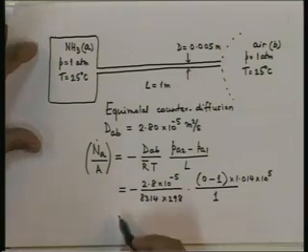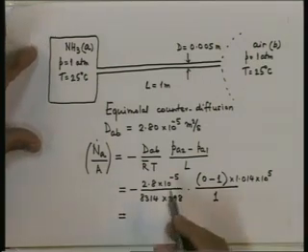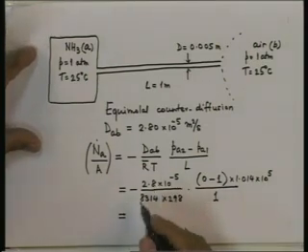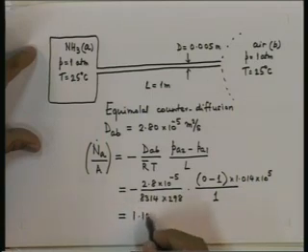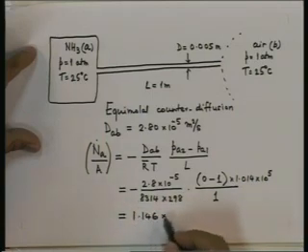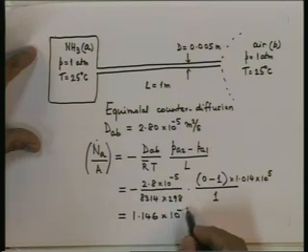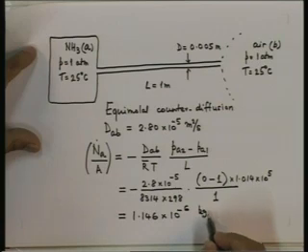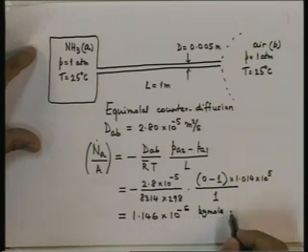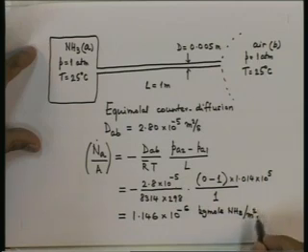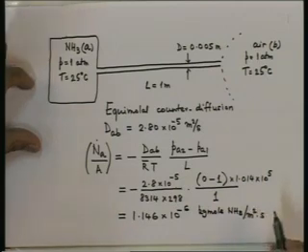Now, this gives us the value of the molar flux of ammonia as 1.146 × 10^-6 kg mole of ammonia per meter square per second.